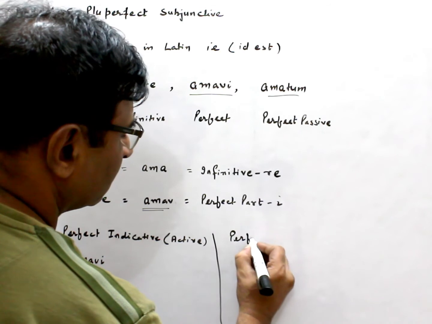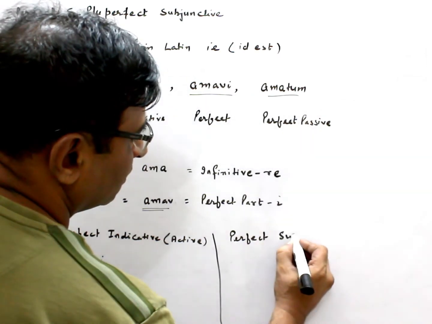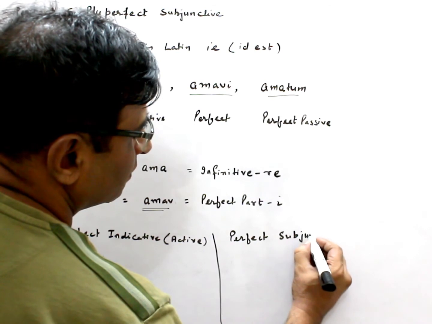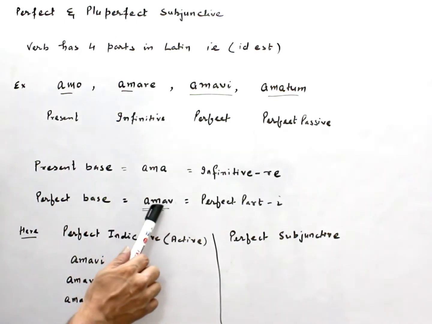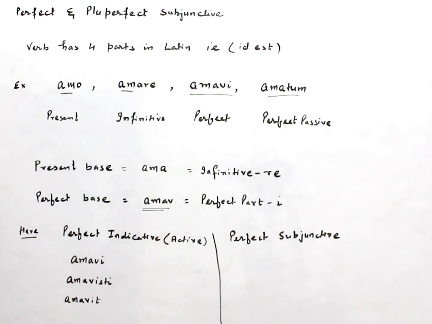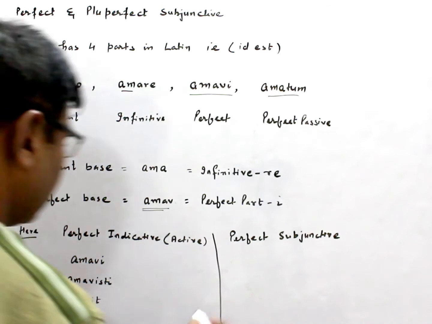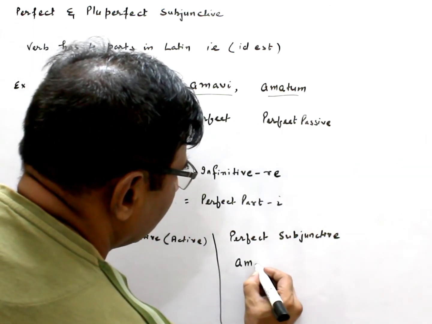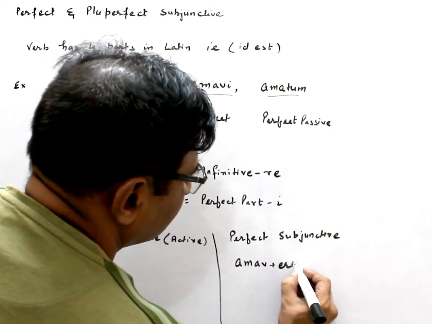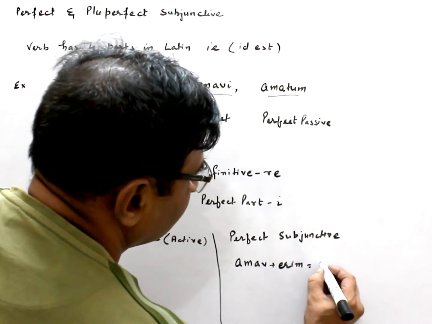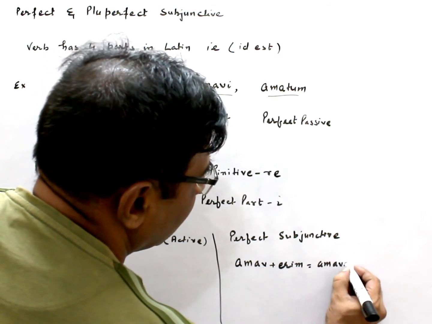Now, if we see perfect subjunctive, that will be, to the base we add what? Adding, that is amav plus adding, amav adding.